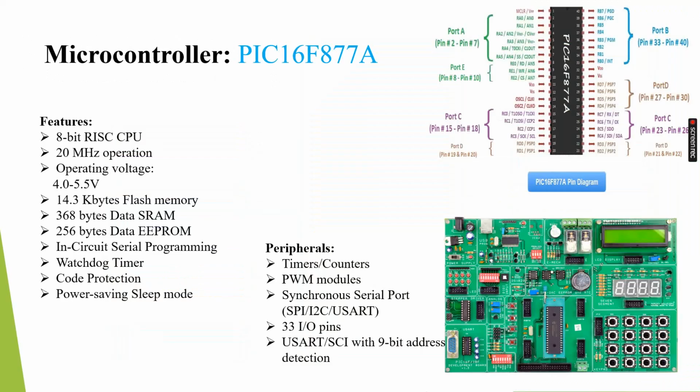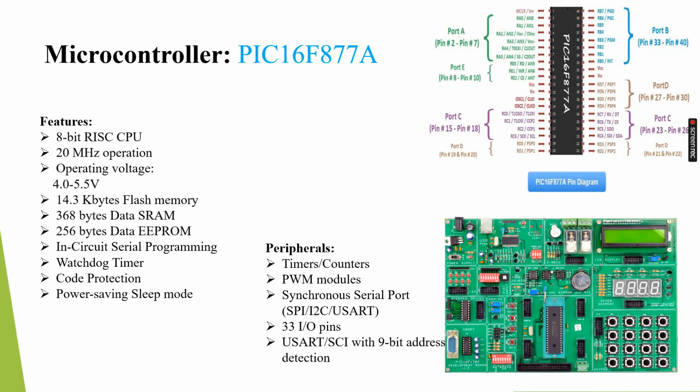The PIC 16F877A mainly has 4 to 5 ports, as shown in the figure. It can be used for different peripherals like timers, counters, pulse width modulators, and many communication protocols can also be interfaced like SPI, I2C, UART. It mainly consists of 33 input-output ports.